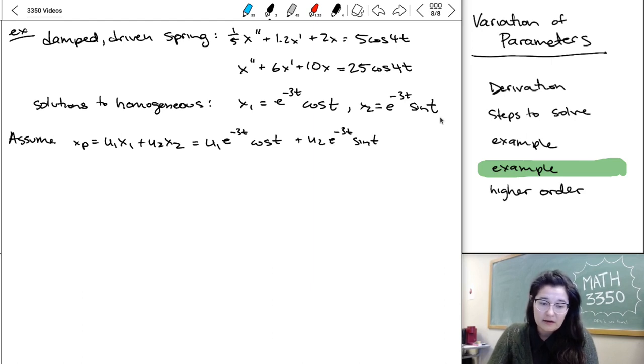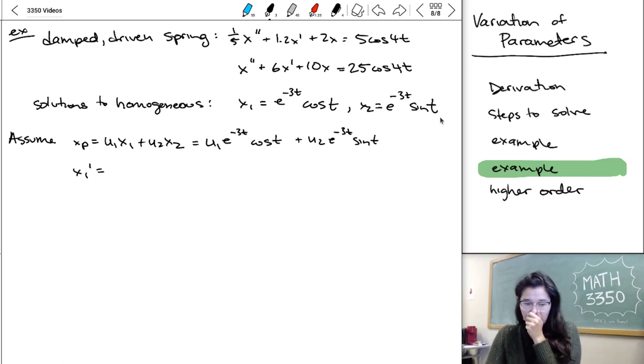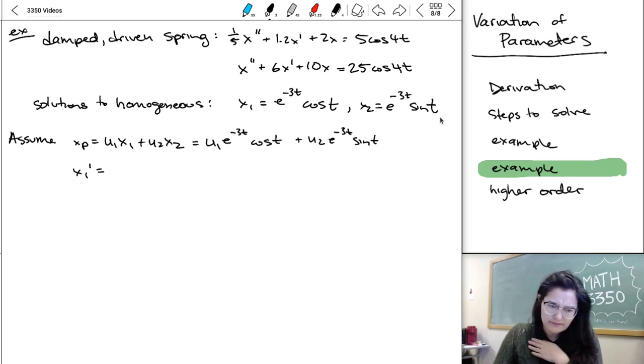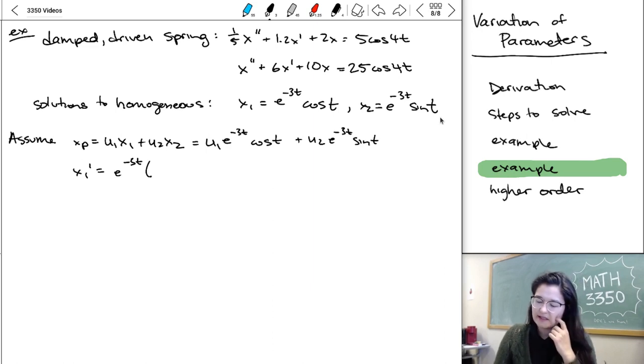So then I need to compute the derivatives of x1 and x2 as well for us to calculate that Wronskian for the first time. So we've got x1 prime. We're going to need a product rule because e and cosine are multiplied by each other. So if I take e to minus 3t and leave it how it is, I would then get the derivative minus sine t.